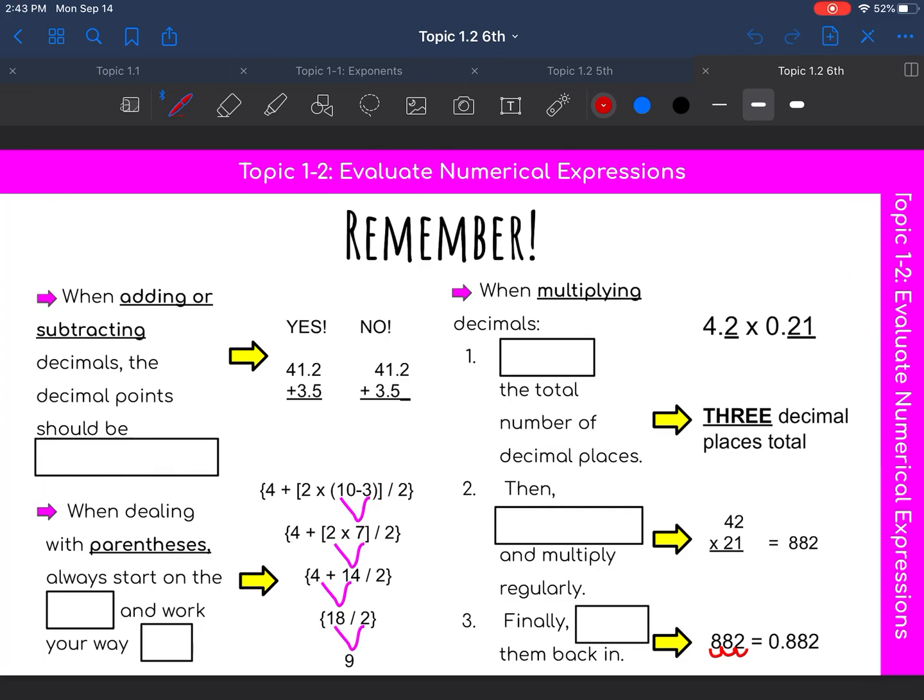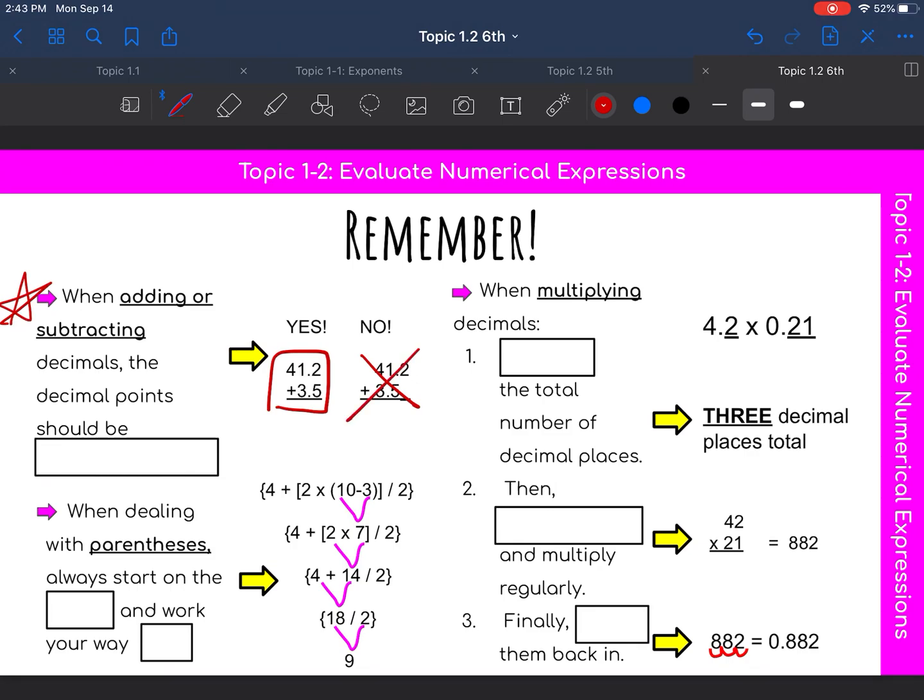All right, so what I wanted to go over really quick before we even began are some rules when it comes to multiplying and adding and subtracting decimals. The first thing I want to go over is this little bullet point right here. When adding or subtracting decimals, the decimal point should be what? If you look at this example, yes, this is what we want to do.